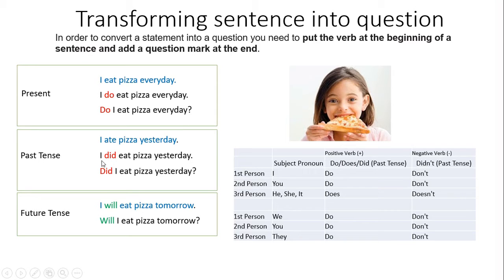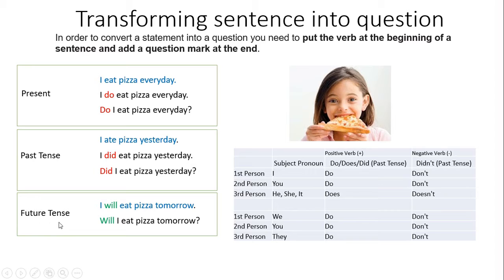So you would say, I did eat pizza yesterday. And all you need to do is just exchange the position of these two words. So from I did eat pizza yesterday, it will become Did I eat pizza yesterday? with a question mark.